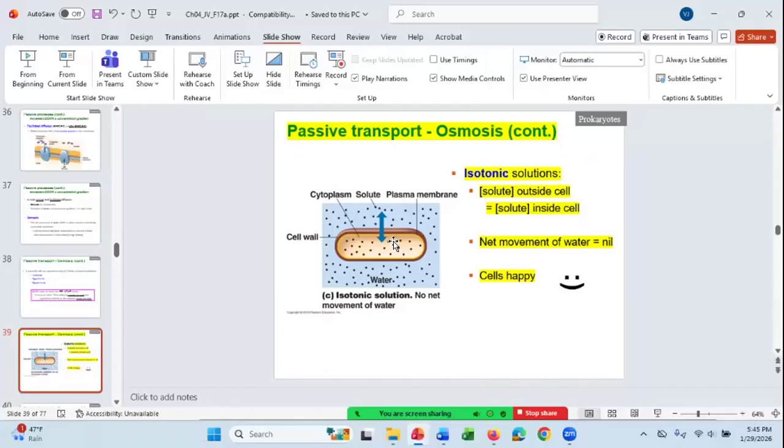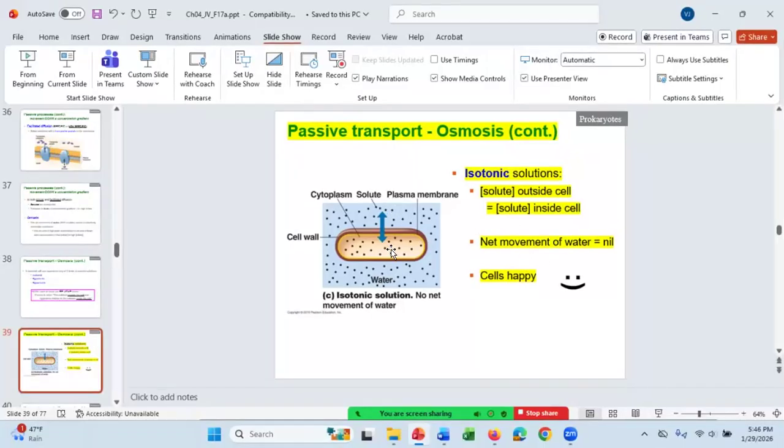So it can move into the cell, but what do I mean by there's no net movement of water? If one moves into the cell, if there's no net movement of water, what happens? Not getting an answer, so I'll answer it. It means for every water molecule that moves into the cell, one water molecule has to move out, meaning there's no net movement of water into the cell.